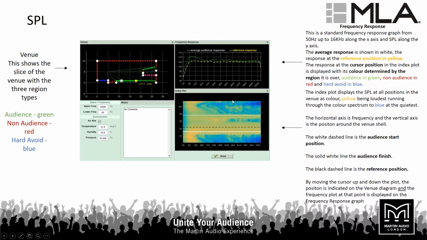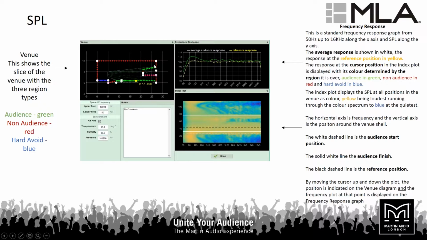If you could follow me through this example that we're going to do next, you'll see that when I move my mouse from the very front to the very back, this cursor moves around the venue, and you'll also see the frequency response change as per the location of that cursor. As we already discussed, the white line at the back here is the end of the audience venue.